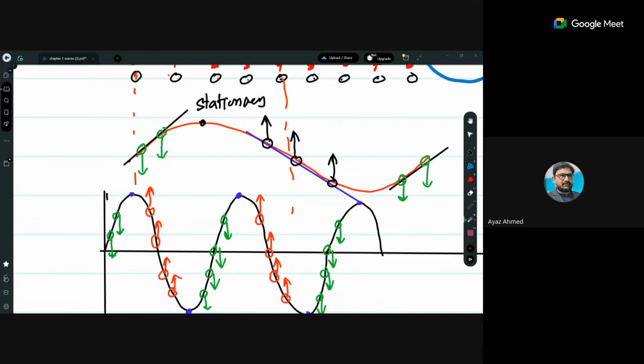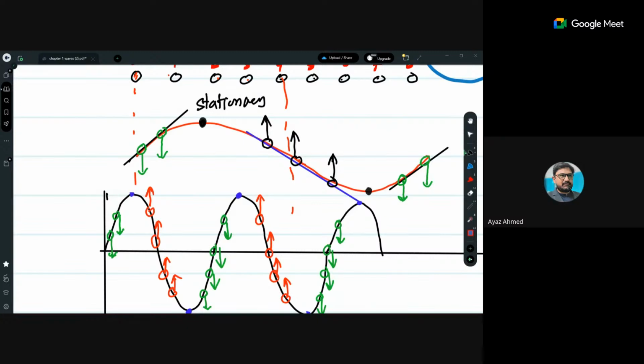So their direction vector will be upward arrows. And all the particles which are at peaks have nothing to show; they are just momentarily at rest. So you can say that those particles are at rest.